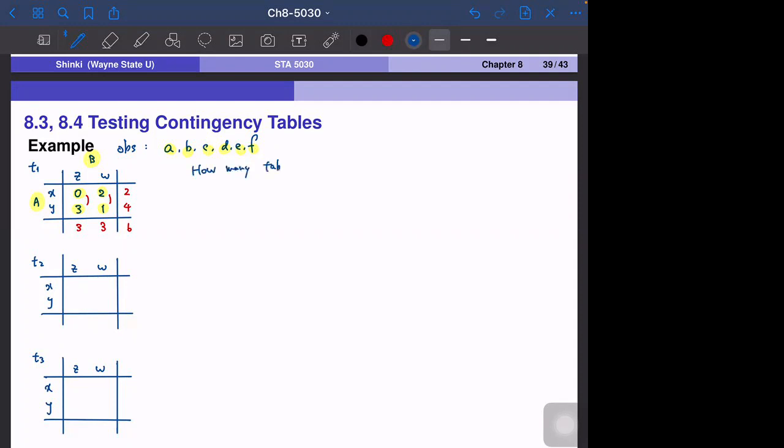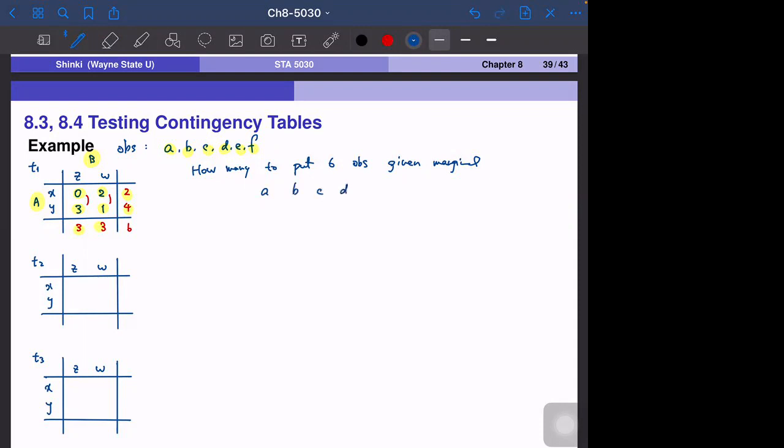How many ways are there to put 6 observations given the marginals? Given the marginals, that means given these 3, 3, 2, 4. So if we have 6 observations, A, B, C, D, E, F, then we have to assign them.